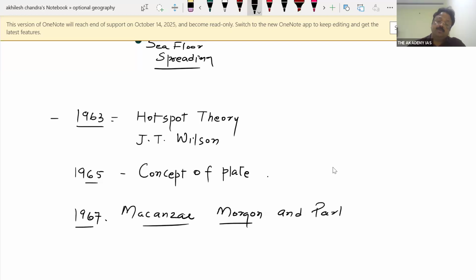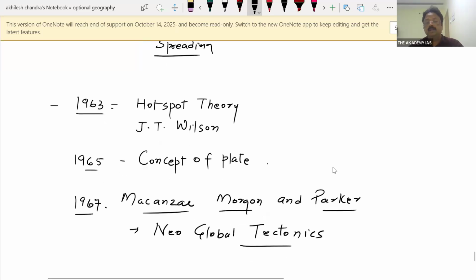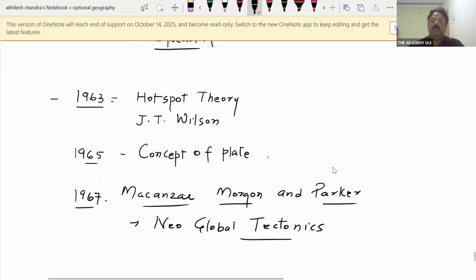on the very basis of the above theories, which have been given in post-drift study, they propounded neo-global tectonics. Neo-global tectonics was nothing but an extension of seafloor spreading theory on the very basis of concept of plate.